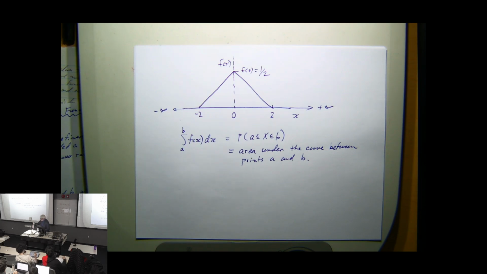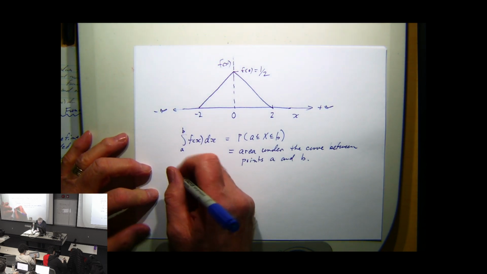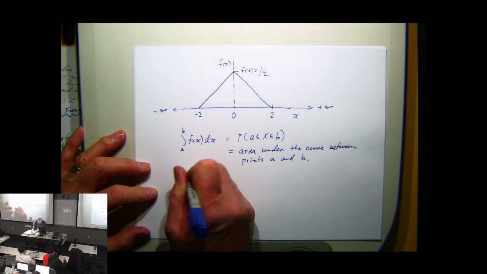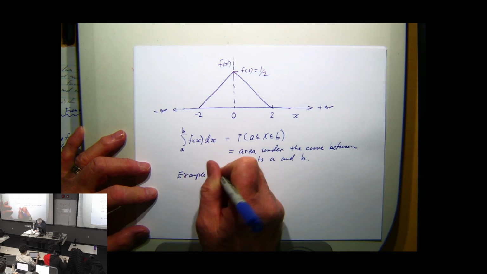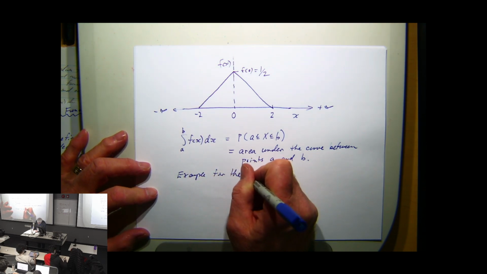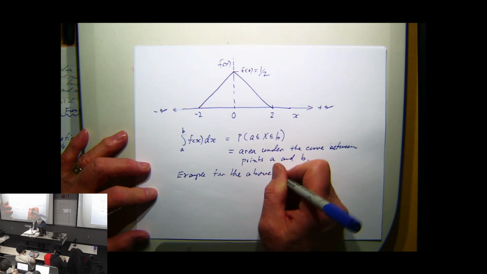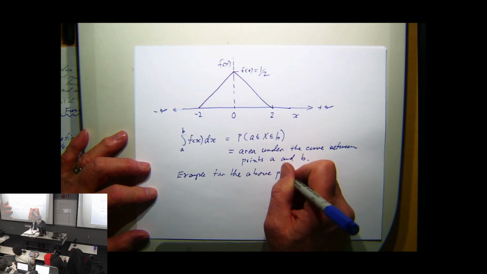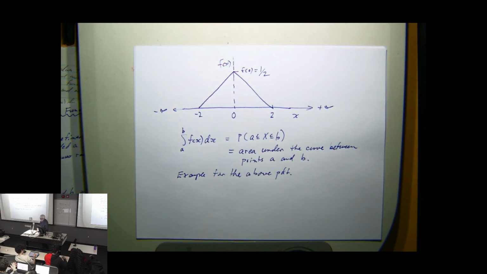So let's just ask ourselves one here, for example. Okay, how am I going to do something like this? So let's do an example for this one. For the above PDF. And you know what I've left unstated here?